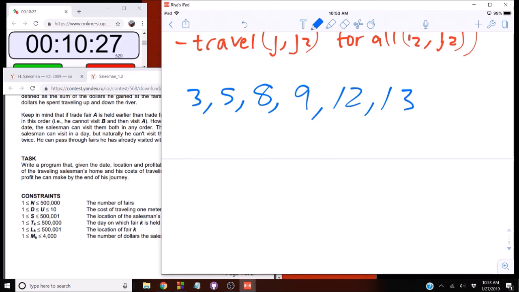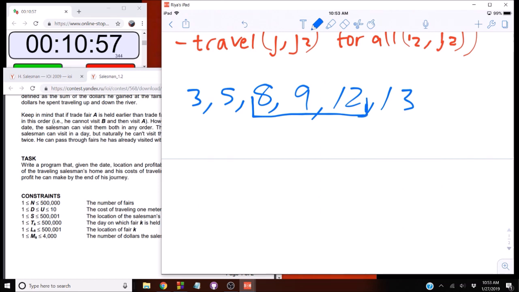Let's just say you start at 8. You're either going to travel left or you're going to travel right. Now, if you want to travel both left and right, you could just start at 3 and only travel right, and it'll cost the same. So we'll just consider that we take a continuous range, and there's no point in going to a location and not gaining the money because you're traveling past it anyways. So we'll take a full continuous range.